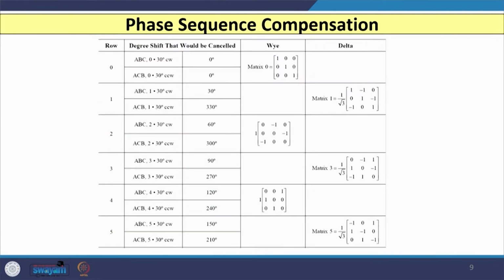So, how to tackle this in a digital relay? In a digital relay, most of the manufacturers will give the phase sequence compensation matrix. I have shown one table here in which the first column indicates the row. The second and third column together indicate the phase sequence and what degree of compensation we require.